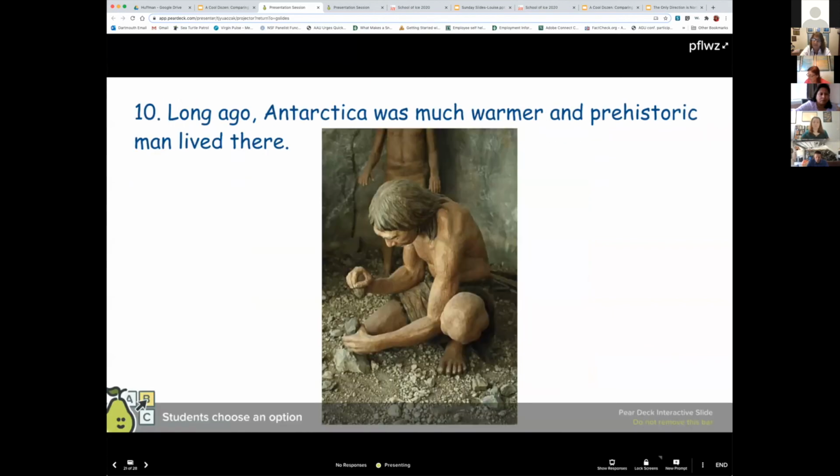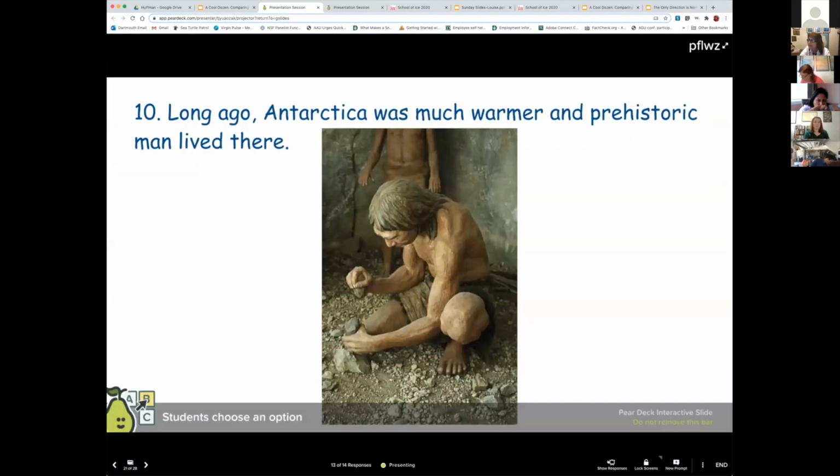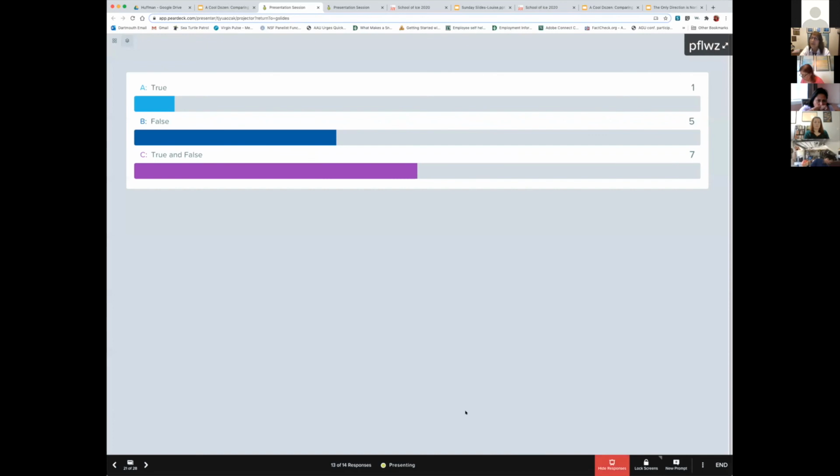And the last question: long ago, Antarctica was much warmer and prehistoric man lived there. Okay, so we have true, false, and true and false.